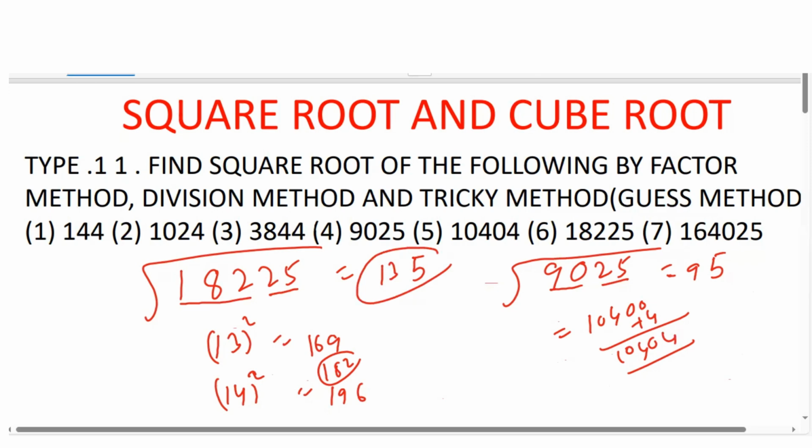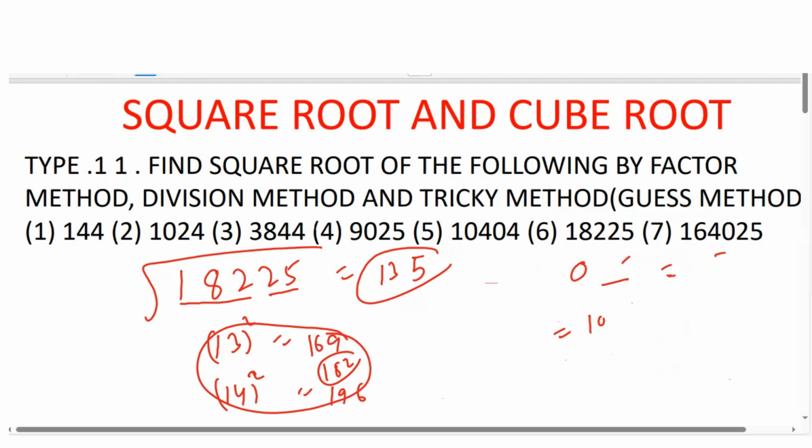So we are taking 13, so 135 is your right answer. So when the unit is 5, no need to compare the numbers. Just check 13 squared is 169, 14 squared is 196, so don't take more, come down to 13. Your answer is 135. In the same way we can find every question. Now you can solve these two questions by this technique for practice. Thank you.